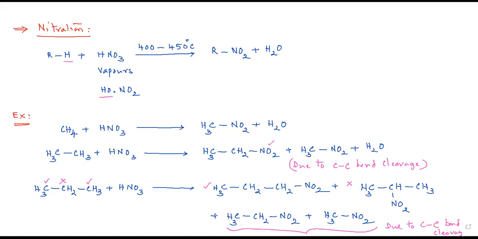Okay. Right. So that is about nitration. With methane, it is simple, but with ethane, propane, and the other alkanes, it will be little different. You get a regular product. Along with the regular product, you also get products due to bond cleavage.